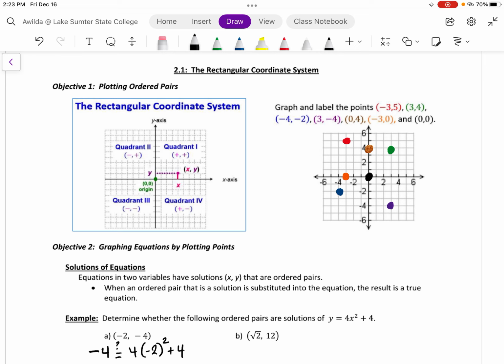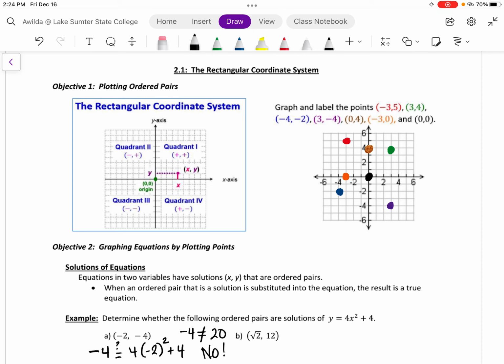I already see some trouble because -2 when squared gives us a positive 4. 4 times 4 is 16, and then 16 plus 4 is 20 on the right. So in this case, -4 does not equal 20, and so this would not be a solution.